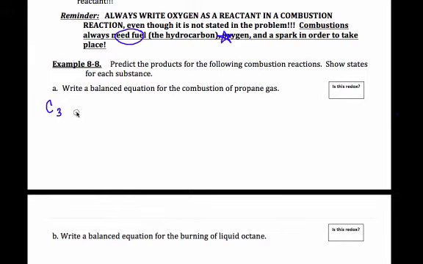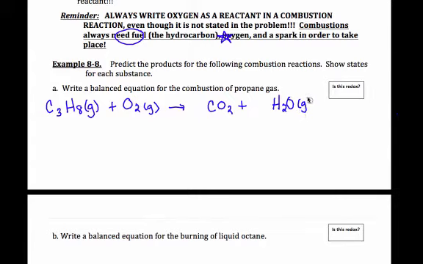So C3H8, it says it's a gas. We have to supply the oxygen, and that's a gas. And we're going to always be doing the complete combustion, and we're going to form H2O gas. Sometimes you'll see a liquid there, but we're going to put H2O gas, and CO2 is a gas as well.